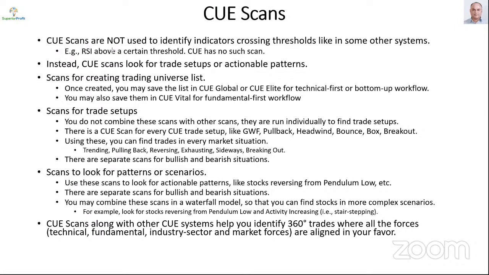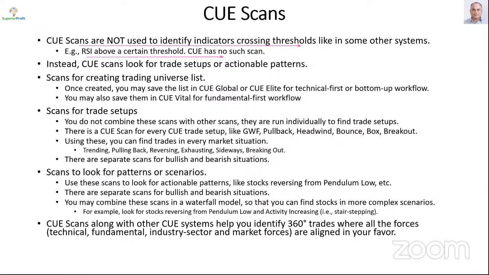Qscans. Qscans are not used to identify indicators crossing thresholds like in other systems. For example, RSI above a certain threshold, say above 80 or below 20. Q has no such scan.